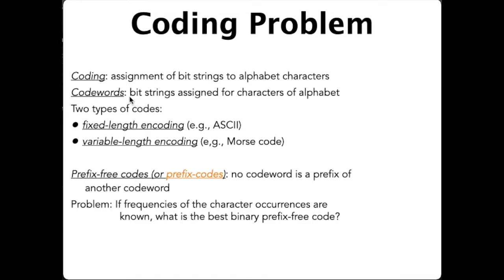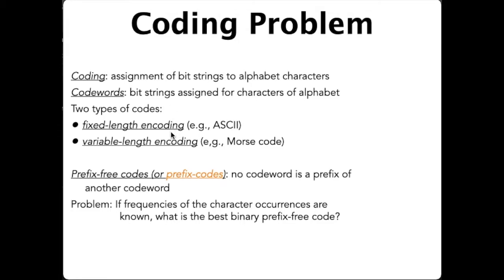So for example, A has a binary representation, S has a binary representation, and the binary representation here is the code word. So for each character symbol, we have what we call a code word, and what we want to do in the coding problem is to identify what is the code word for a particular alphabet. There are two types of codes.